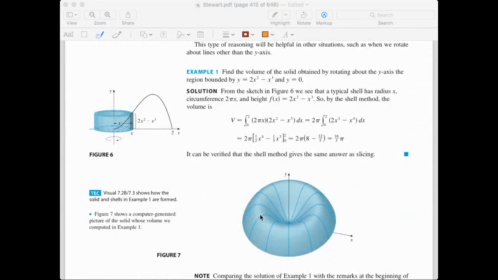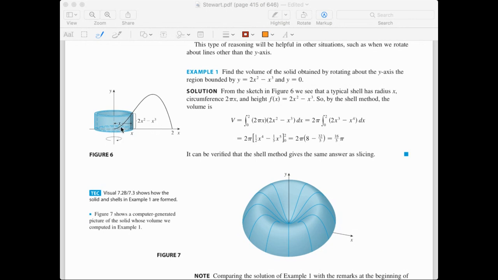Okay, let's see example 1. Find the volume of the solid obtained by rotating about the y-axis the region bounded by two functions. One function is 2x squared minus x cubed. Another function is y equals 0. Well, y equals 0 is the x-axis. So bounded by the x-axis and this function.